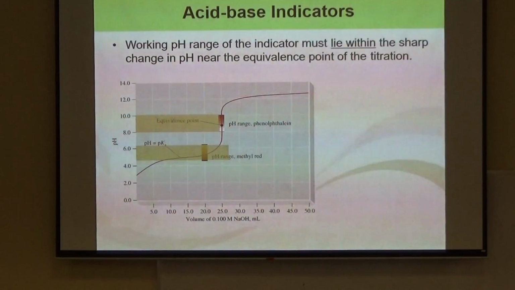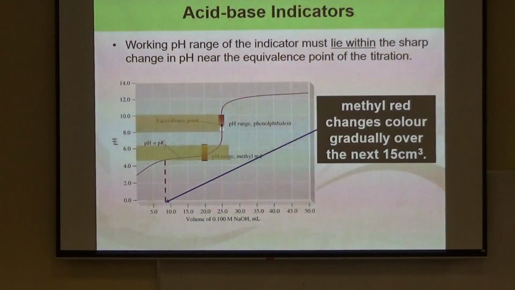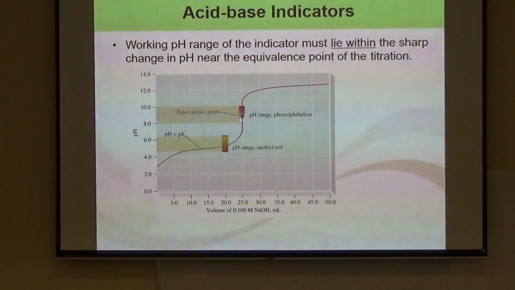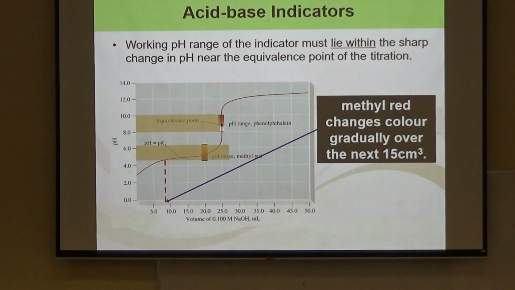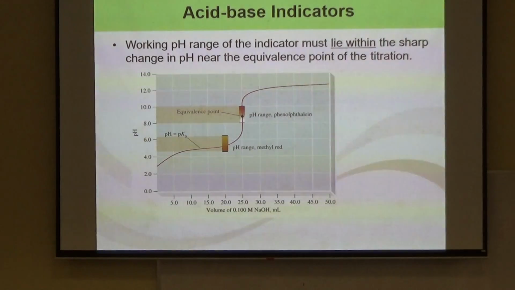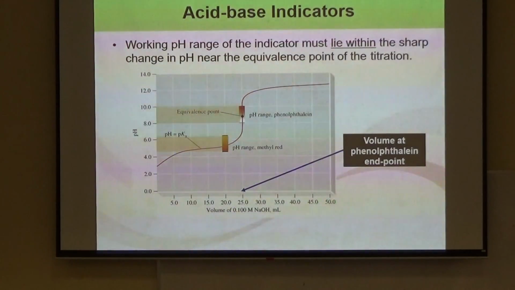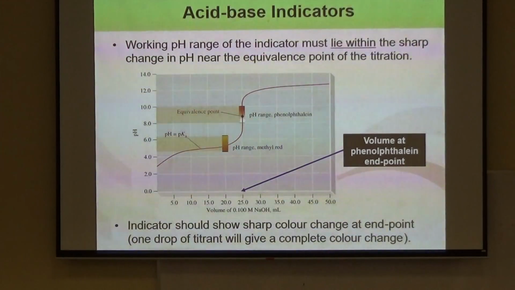So with methyl red, you would think that the equivalence point maybe is 10, but actually it's not. The correct answer is around 15. With phenolphthalein, you can get the correct value. So the indicator should give a sharp color change at the endpoint.